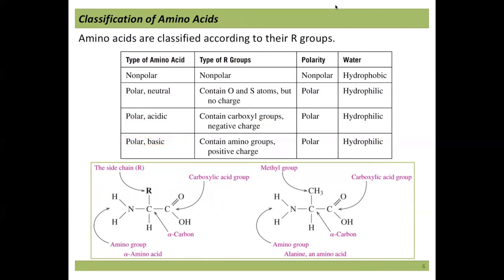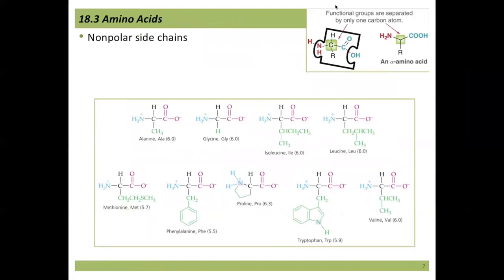These are the groups that like pumpkin spice lattes, and they contain an amino group with a positive charge in the side chain. And anyway, this is the general structure. They have the amino group, they have the carboxylic acid group, the alpha carbon, and the side chain. And then they'll have an H off of that alpha carbon as well, for most cases.